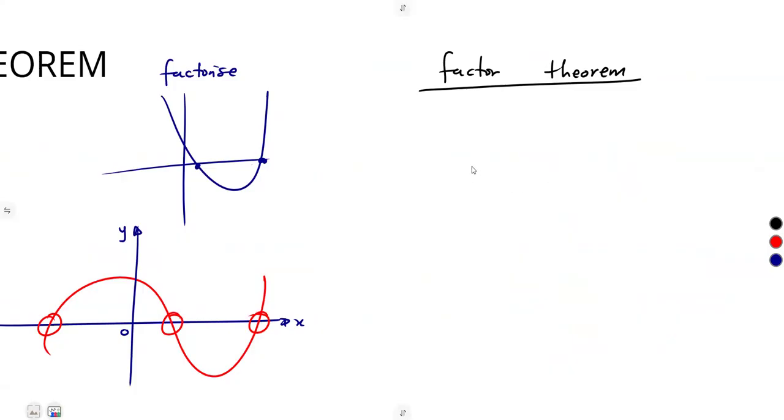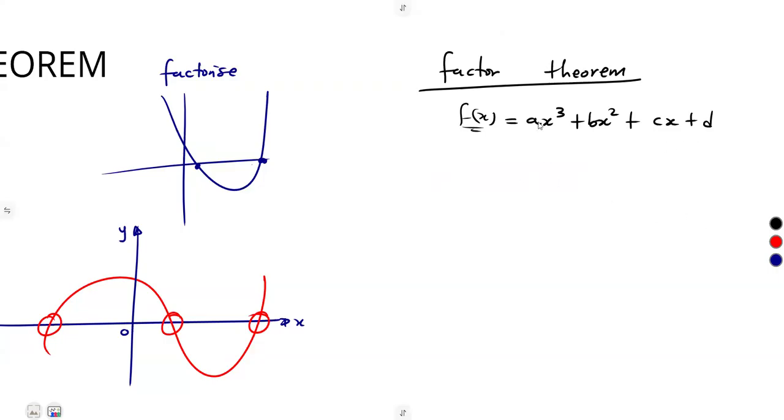If you are given f of x as a function, that's your function f of x. From that function, let's say f of x is equal to ax cubed plus bx squared plus cx plus d, like this.